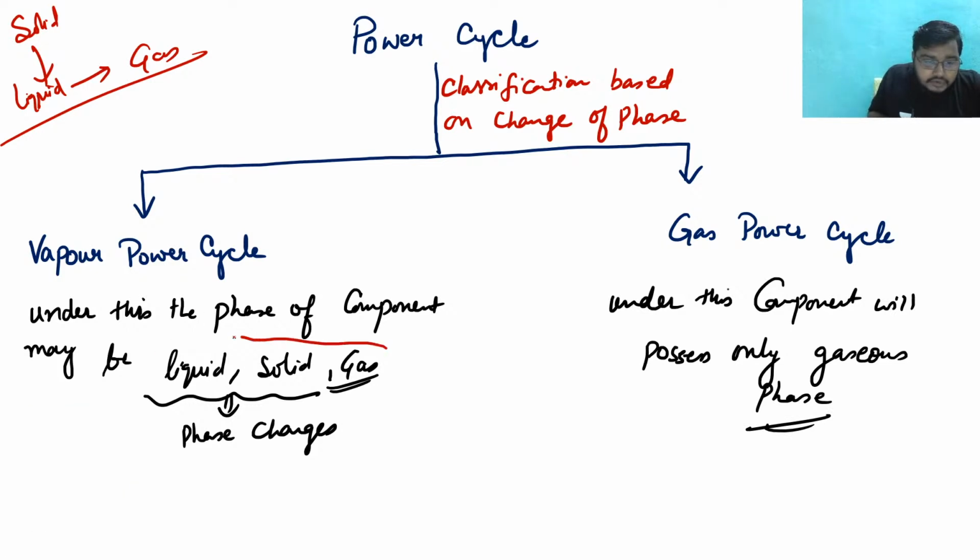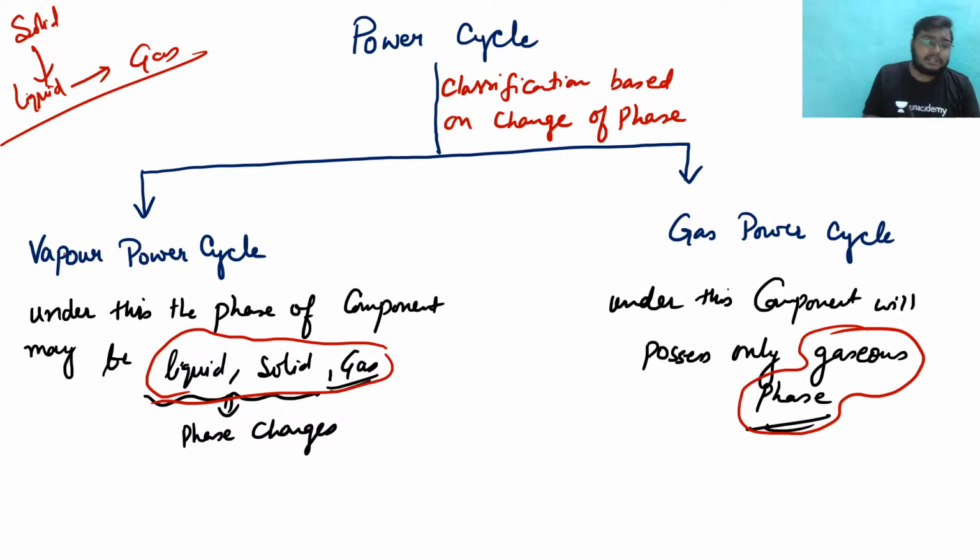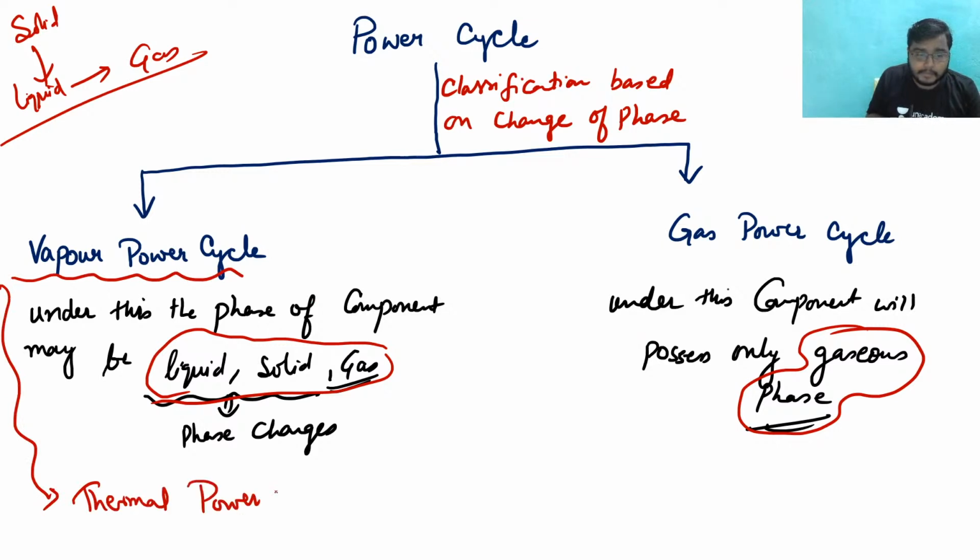Here, liquid, solid or gas are there. Here, the gaseous phase is only there. Now see, the example of vapor power cycle is the thermal power plant. In thermal power plant, we use the vapor power cycle.